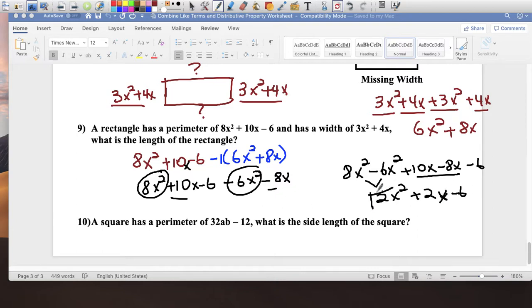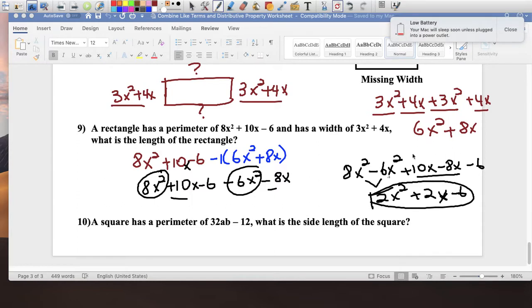So this represents the two missing sides. And they're both equal to each other because it's a rectangle. So if the sum of those two missing sides gives me 2x squared plus 2x minus 6, you can divide everything by 2.